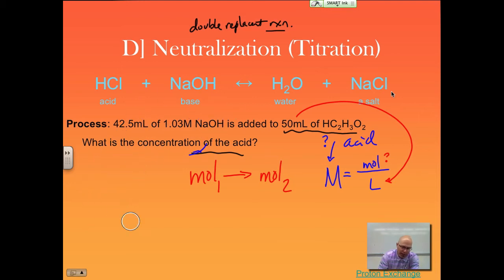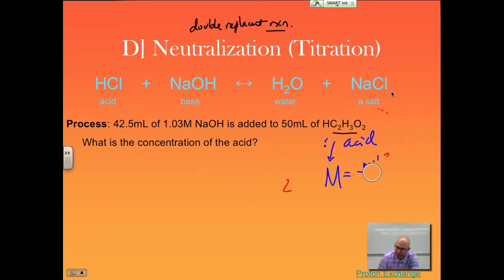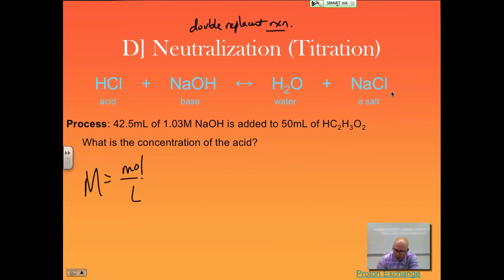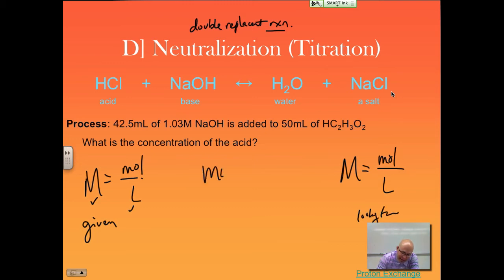It's two molarity formulas bookending a moles-to-moles calculation. So the one that's given, molarity in liters, and then the one you're looking for, bookending around a moles-to-moles. Okay, so let's take a look.